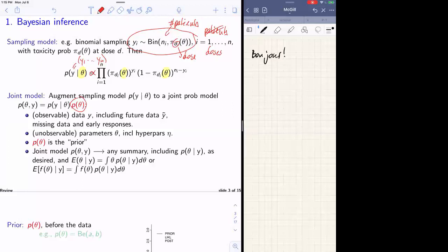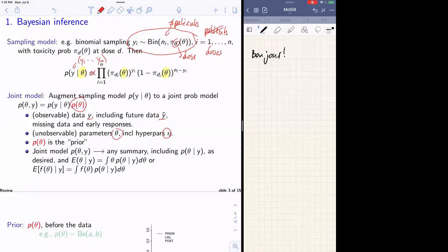So just by augmenting the sampling model, we make it a joint model on parameters and data. The data here would typically also include things like missing data or future data. And the parameters might also include additional hyperparameters.